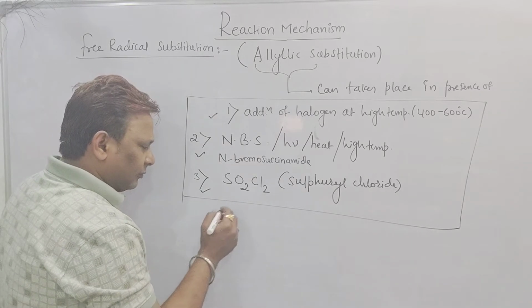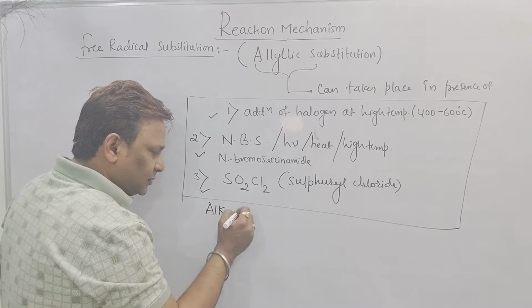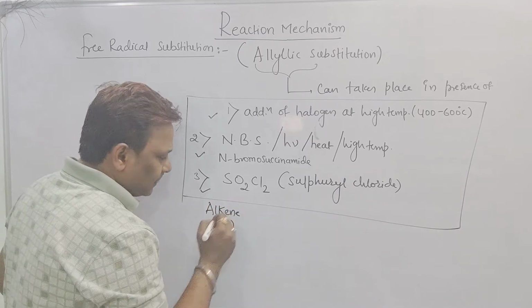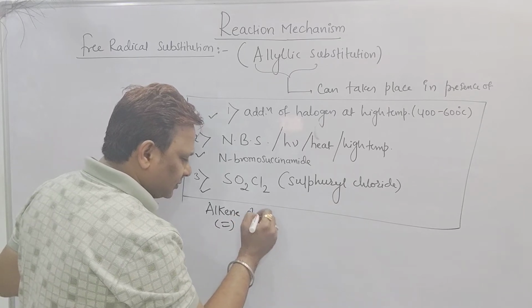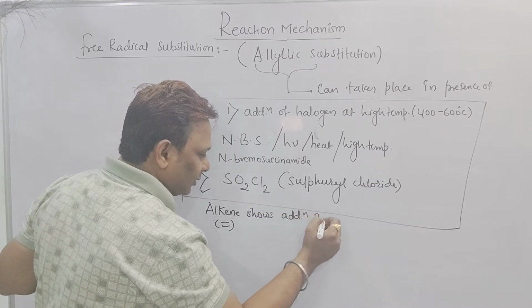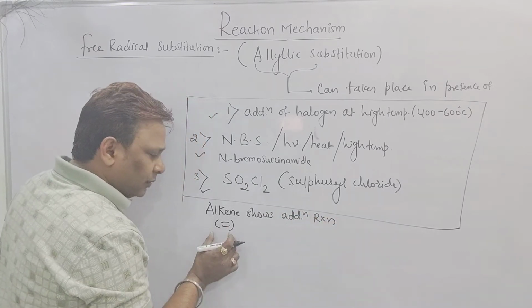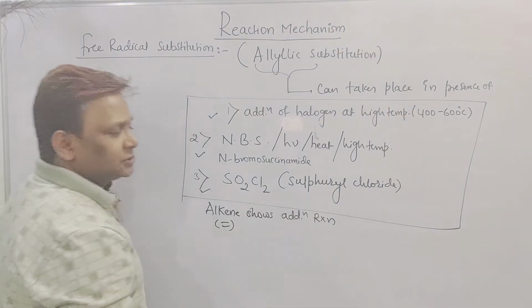One point I want to tell you. Do you know alkene? Compound containing double bond. Wherever this alkene is there, it shows addition reaction, because it contains double bond, means it is unsaturated, and this unsaturated compound always shows addition reaction.